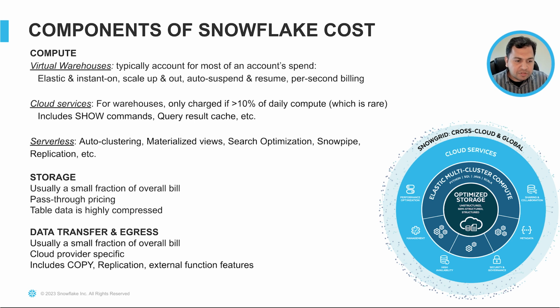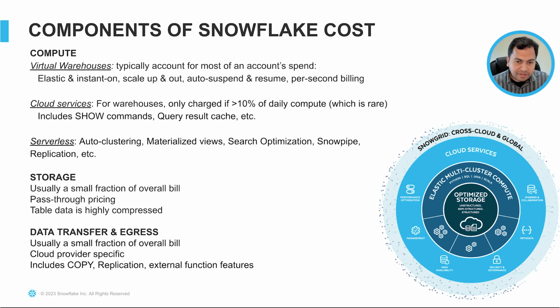The other two components, storage and data transfer, are typically smaller fractions of the customer bill. We have a pass-through pricing model for both of these, which is that whatever we incur from the cloud provider, we try and pass this on. Specifically of note is in the case of storage, what you get billed for is the compressed storage volume, not the uncompressed one.